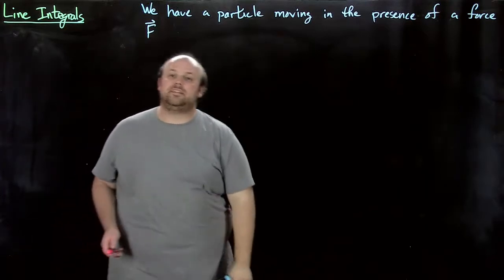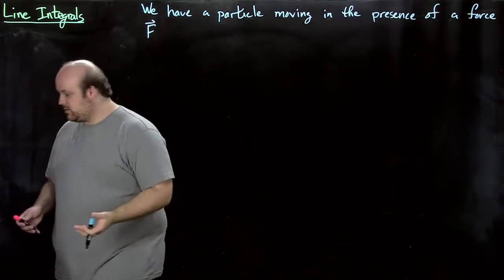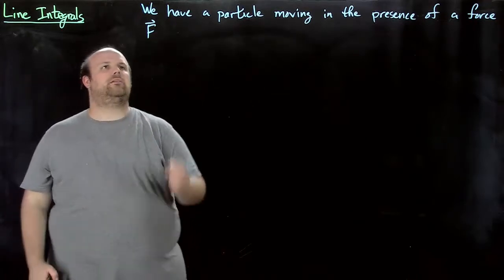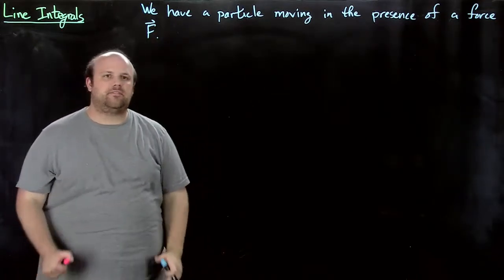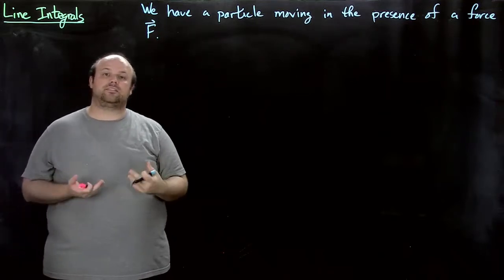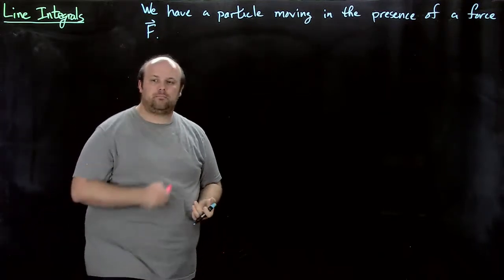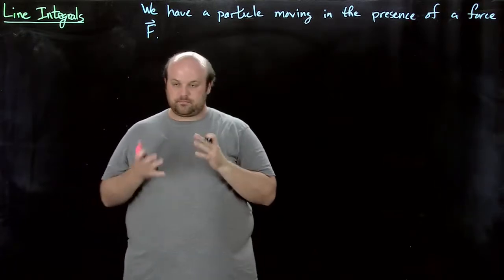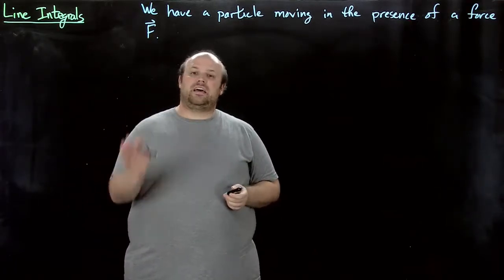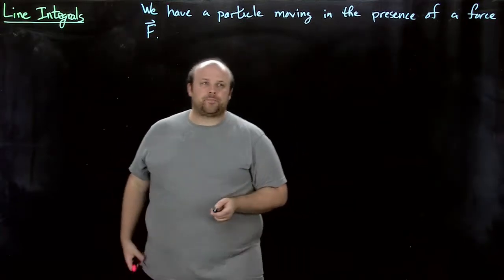And this can be in 2D, it can be in 3D, whichever you like. Well, you might remember that if F were a constant force, then to get the work done on the particle by the force F, all we had to do was take the dot product of F with the displacement vector.